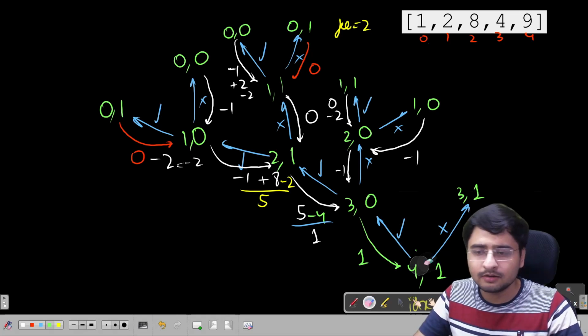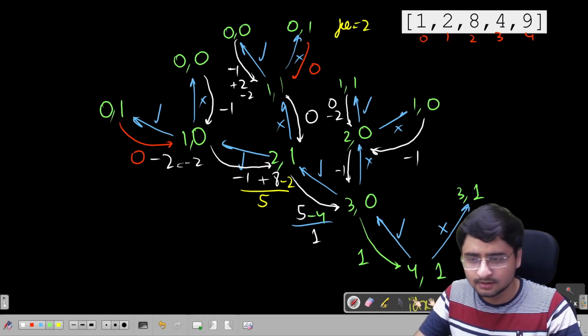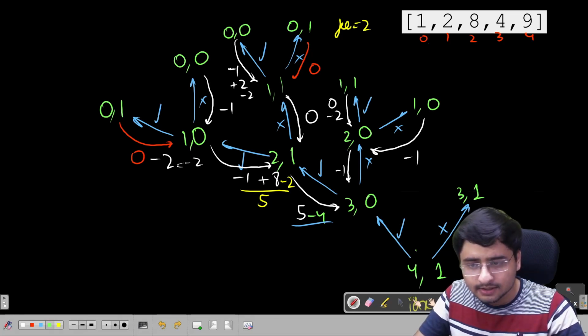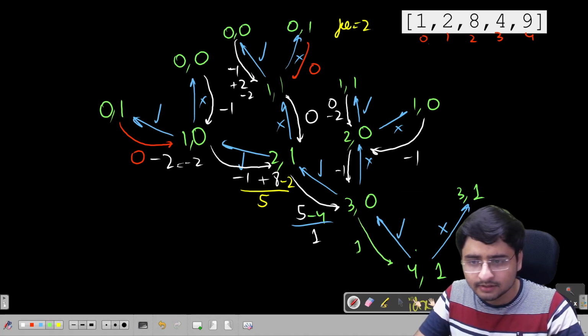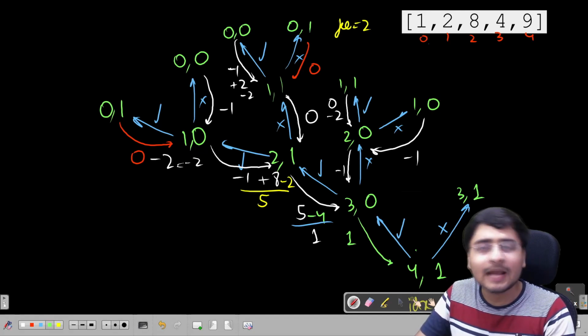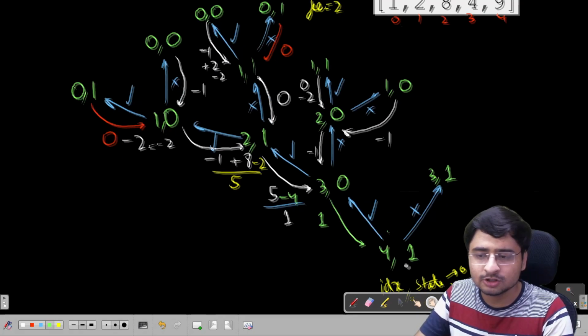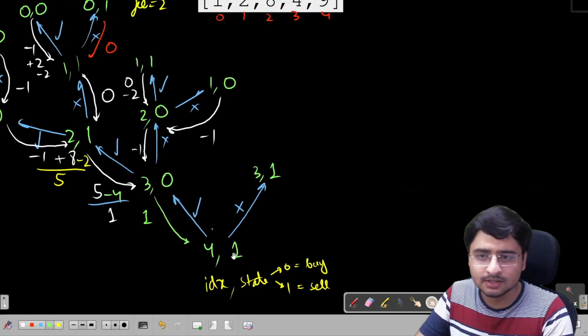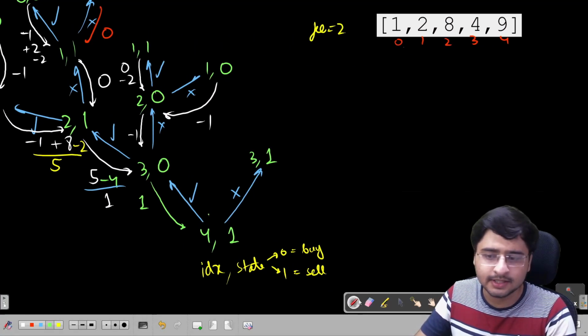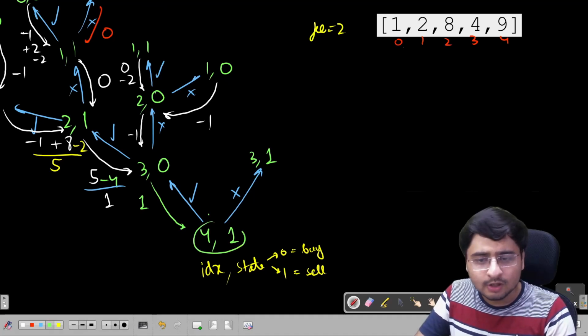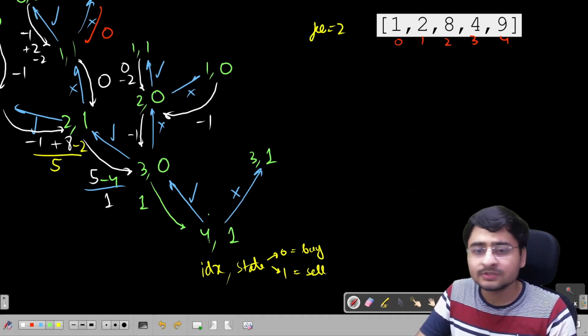Now 4,1, let's consider. 4,1 was planning to sell on this particular day. Look at this closely. Here we returned a 1. Now 4,1 we were planning to sell on this particular day. I think it's not visible. I'll just bring everything down. Now it should be visible, right? So on this particular day we were planning to sell the stock.